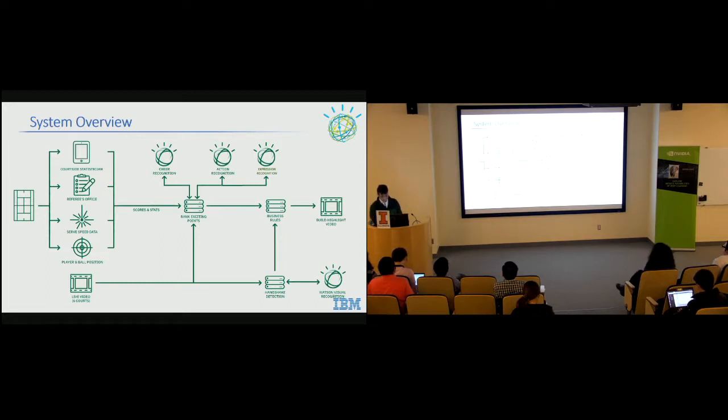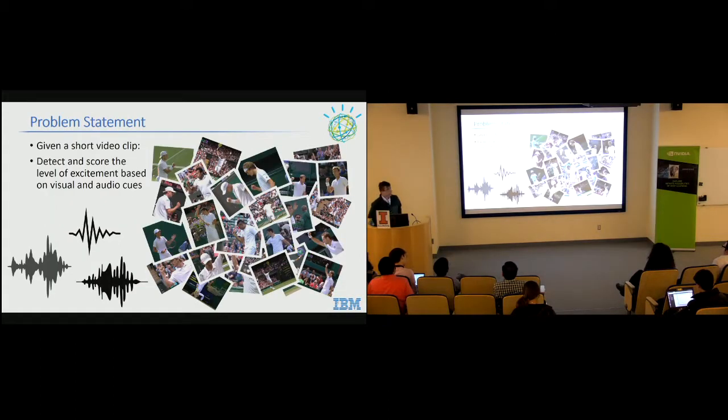So what is the problem statement? Given a short video clip, a short snippet, how do we detect and score the level of excitement of the players? Since one type of data doesn't provide us enough information and accuracy, we decided to combine the information from both audio and visual cues.